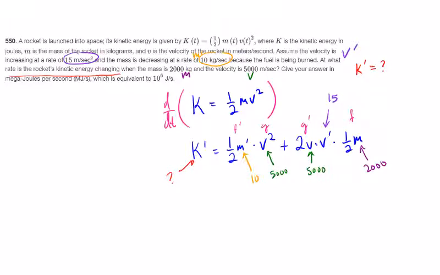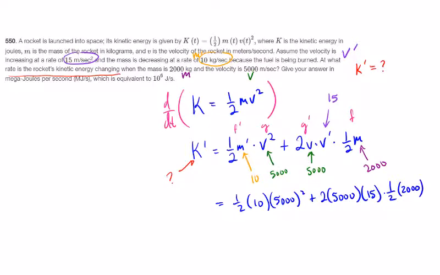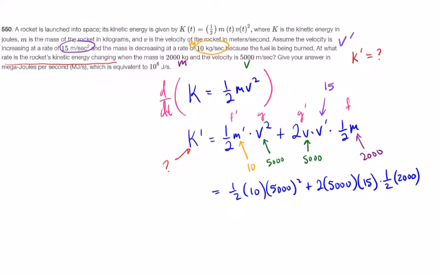The nice thing about this one is we don't have to manipulate anything. We can just plug all this in and evaluate. You can plug this straight into your calculator, or work it out in your head or on paper, however you'd like.